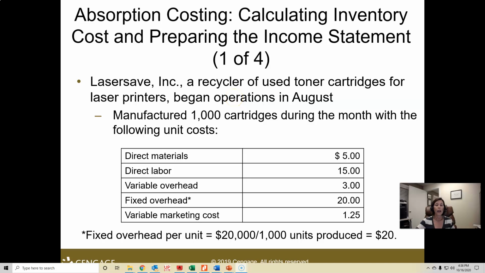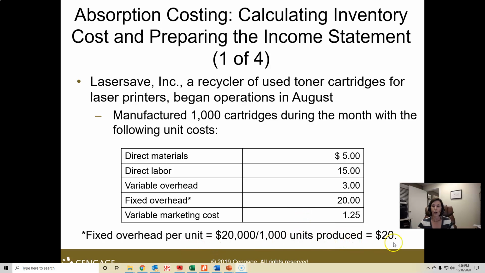We're going to look at an example using similar numbers using not only the absorption costing, but then in a second compared to the other method, which is the variable costing approach. So in this case, we've got Laser Save, that's a recycler of used toner cartridges. They're going to manufacture 100 cartridges for the month, and this is what they have for costs.